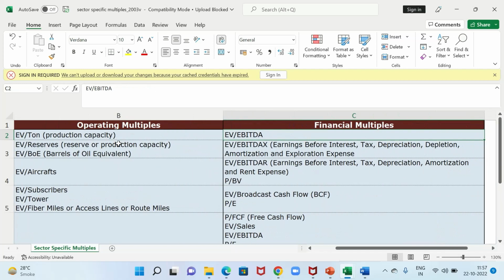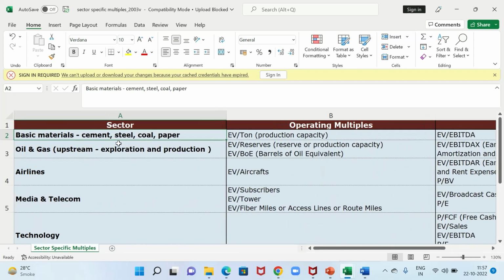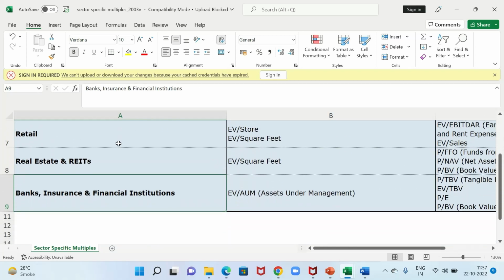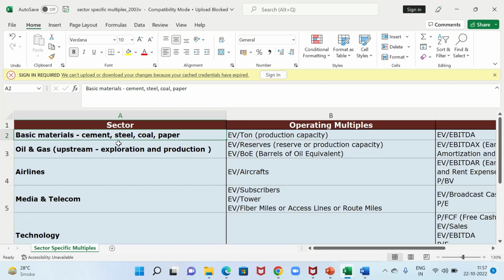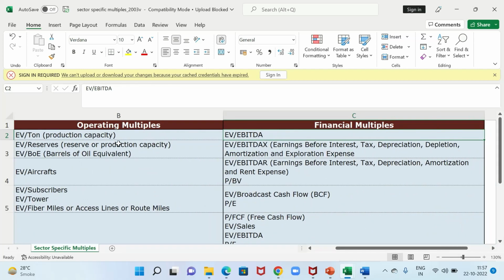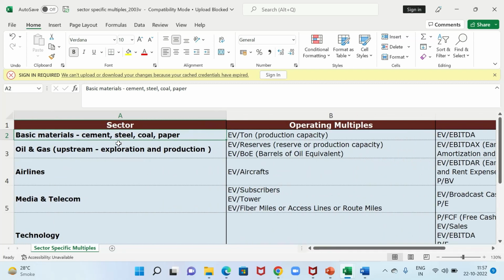Sir, and what about insurance? Wait, now let me complete. There are a lot of sectors we are covering over here. If you have any questions on that particular thing that I'm talking about, I would appreciate it. Else, let me complete and then I can entertain. Then we have EV by EBITDA. This is a normal metric used for production, cement and steel companies.